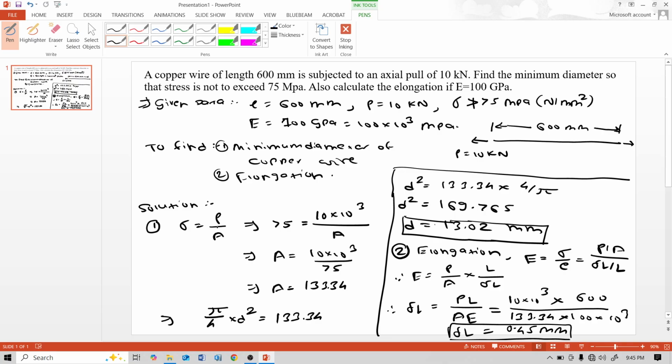By the formula stress is equal to load upon area, we calculated the diameter of the copper wire, and using the Young's modulus formula we calculated the elongation for that copper wire. Okay, thank you very much.